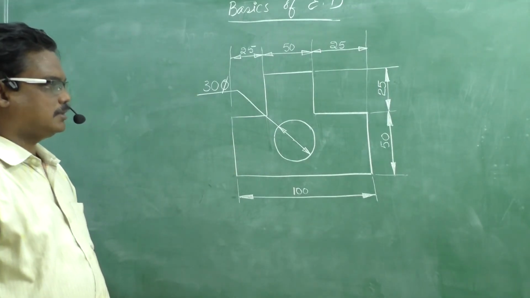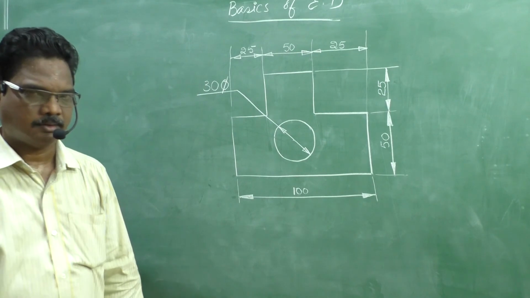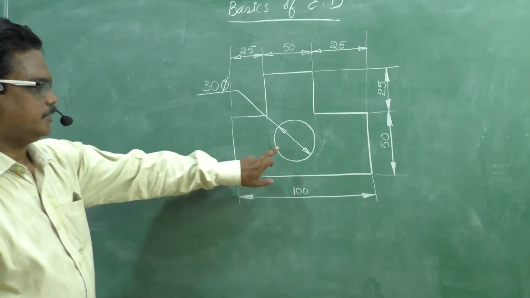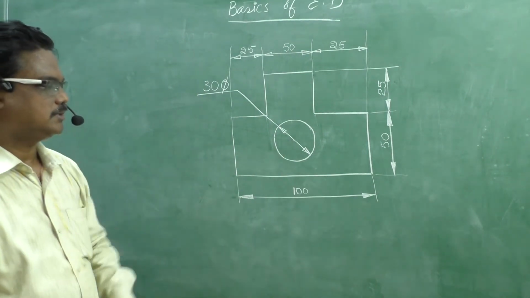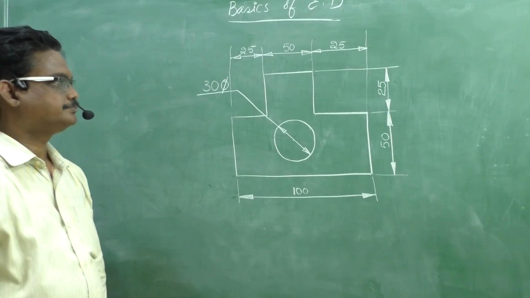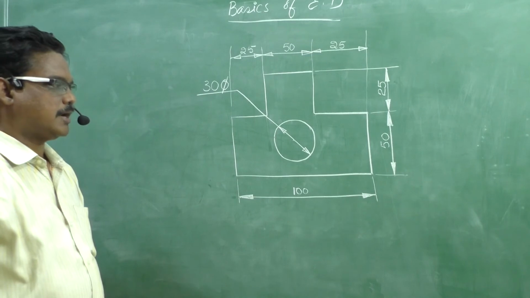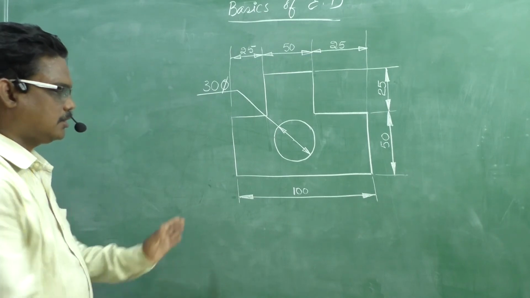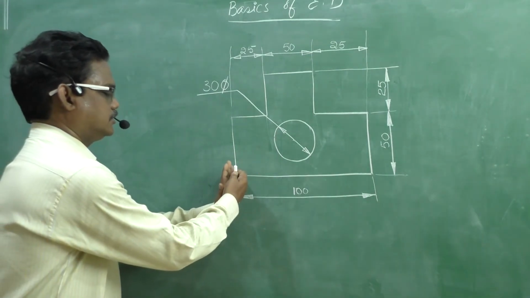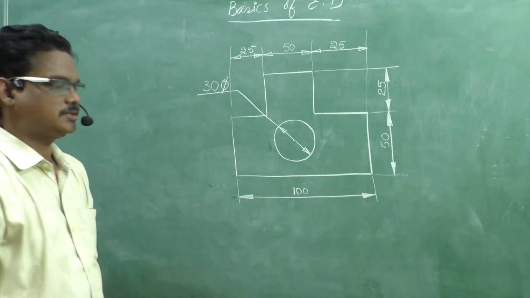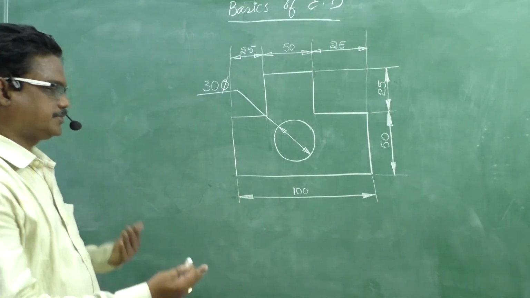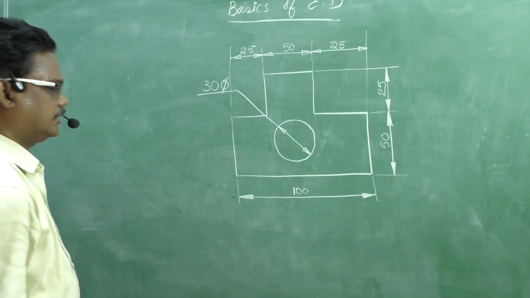Now see, all the dimensions are over. Here, what is the height of the respective circle, it is not there. And the other one, the horizontal distance from this point to this point, that is also not there.